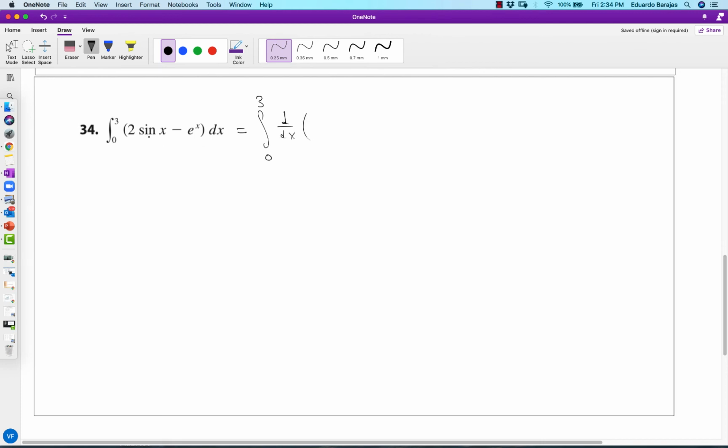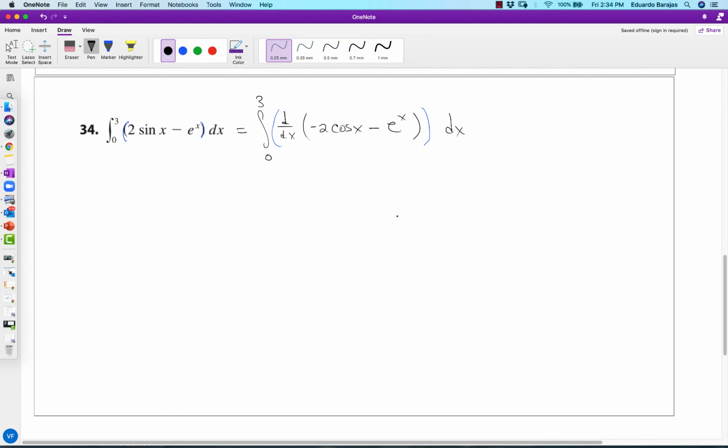Now, we know the derivative of cosine equals negative sine, so this would become minus 2 cosine x. The derivative of this is going to be equal to positive 2 sine of x minus, and we know that the derivative of e to the x is just e to the x. So I know that the derivative of all of this is exactly this.